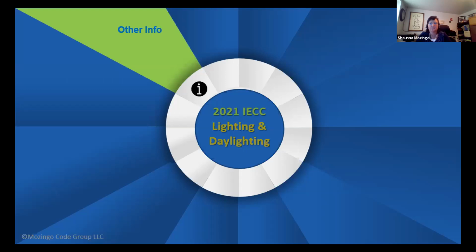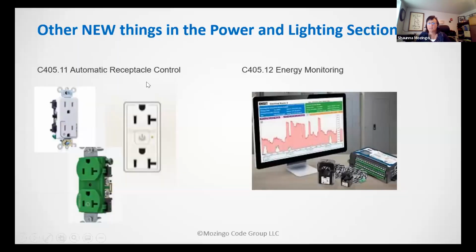All right, speaking of controlled outlets and monitoring in 2021, in case I didn't get your attention on that, automatic receptacle controls are required in 2021 for at least 50% of the 125 volt, 15 and 20 amp receptacles installed in offices, conference rooms, and lots of other places.